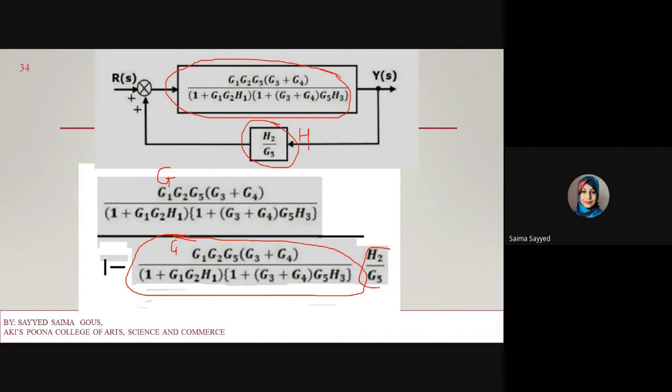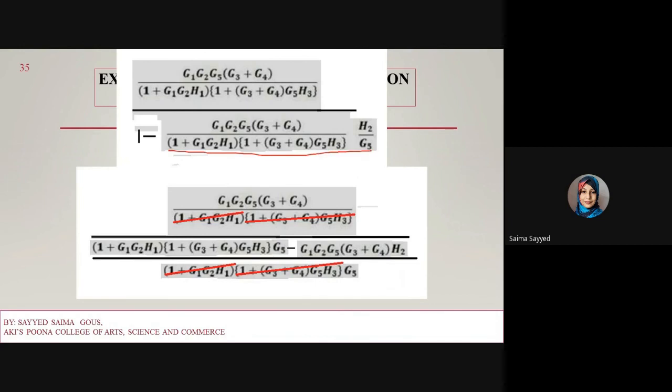So G into H. Now solve the denominator. It will become (1 + G1 G2 H1) into (1 + (G3 + G4) G5 H3) into G5 minus G1 G2 G5 (G3 + G4) H2, and the whole divided by this term. After solving this denominator, the terms (1 + G1 G2 H1) and (1 + (G3 + G4) G5 H3) get cancelled.